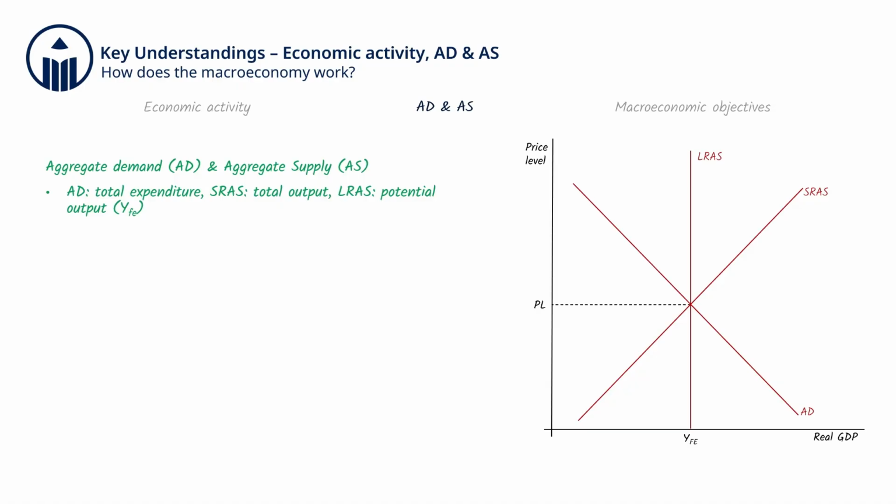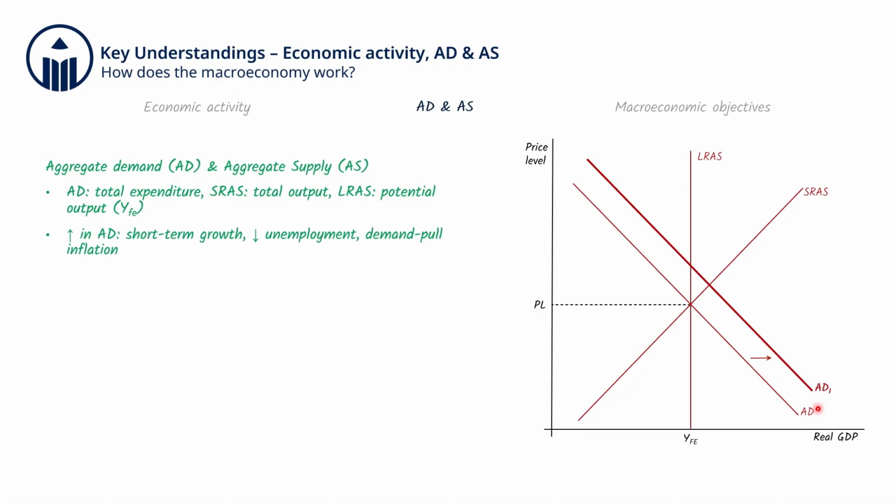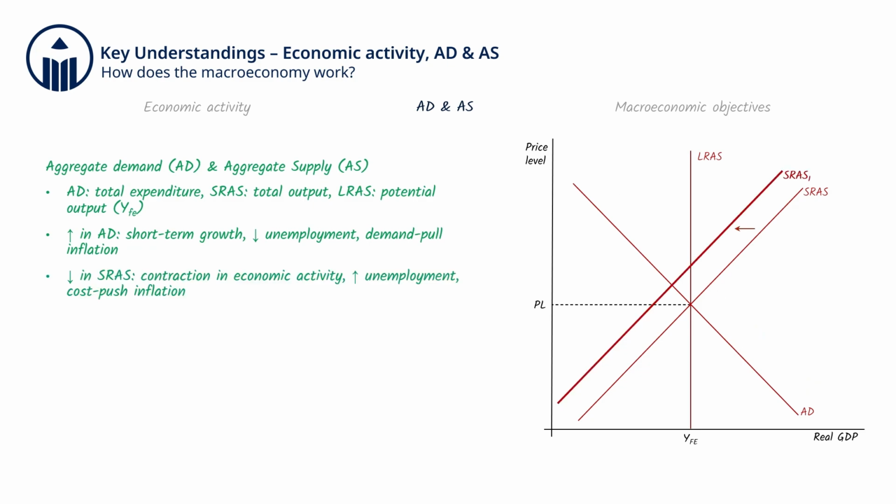For example, an increase in AD represents short-term growth, and this is often accompanied by lower unemployment, but it could lead to demand-pull inflation. A decrease in SRAS represents a contraction in economic activity, which will raise the unemployment rate, and it will also create cost-push inflation. Therefore, changes in economic activity over time can be illustrated using this model.